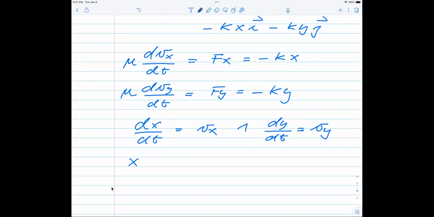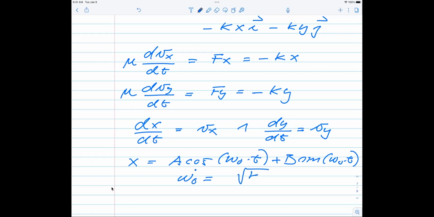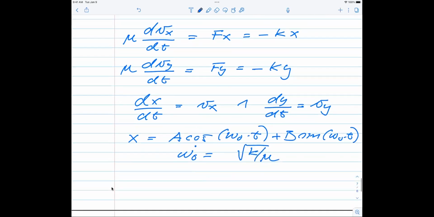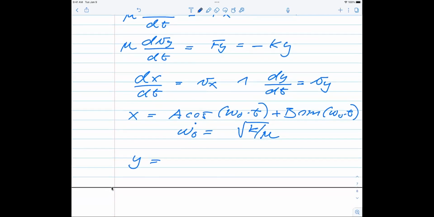We would find that x is equal to a times cosine of the natural frequency omega times t, plus b times sine of omega times t. And this omega is given by the square root of k divided by mu. Similarly, we have y, which is given by a new constant times cosine, and then depending on the initial conditions, we can find the solutions here.